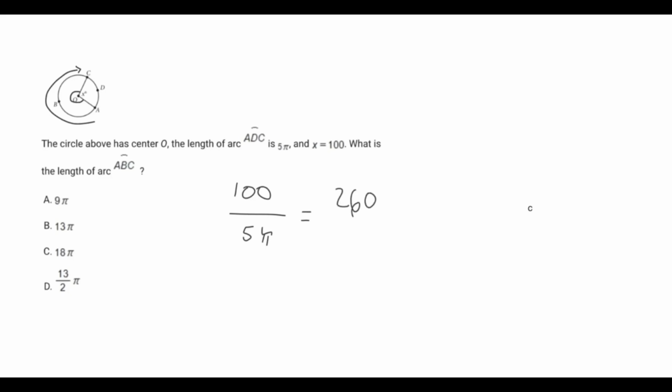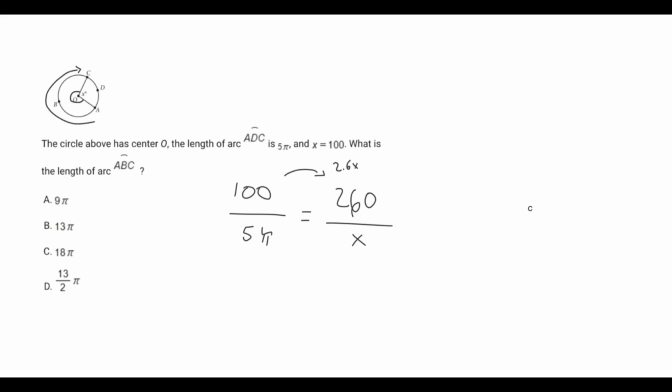And so now we can pretty easily figure out what the length of arc ABC is by finding this corresponding value. We can just find the factor. From 100 to 260, that is a scale factor of 2.6 times.